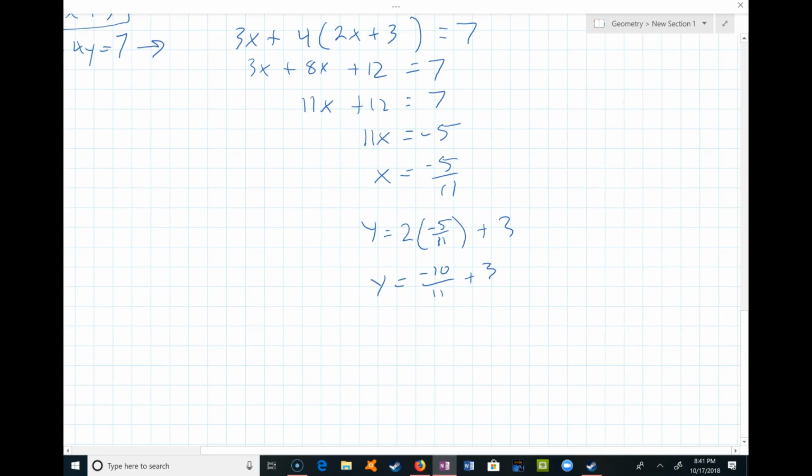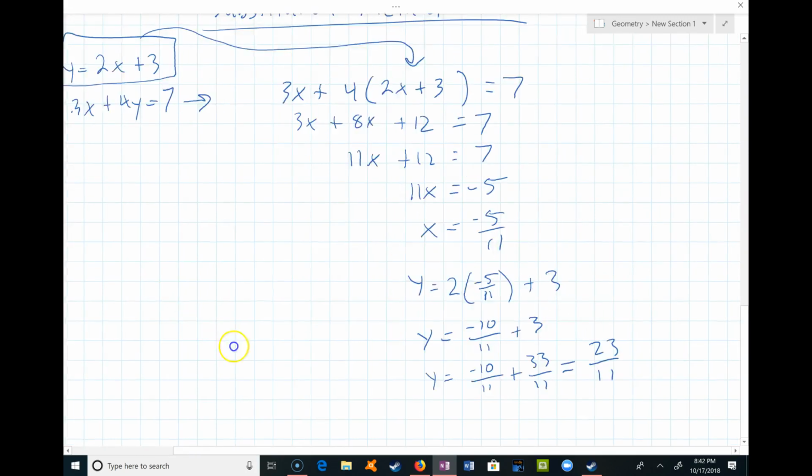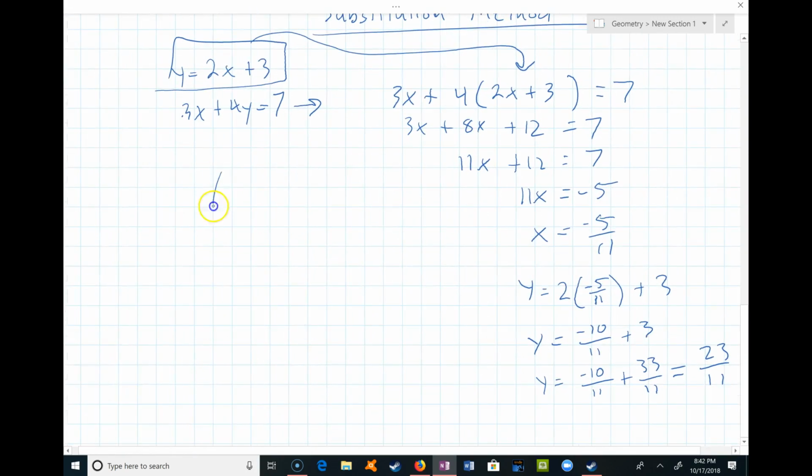And we can combine those. So y is equal to negative 10 over 11 plus 33 over 11. If I add those two together, I get 23 over 11. So my solution is negative 5/11 for x and 23 over 11 for y.